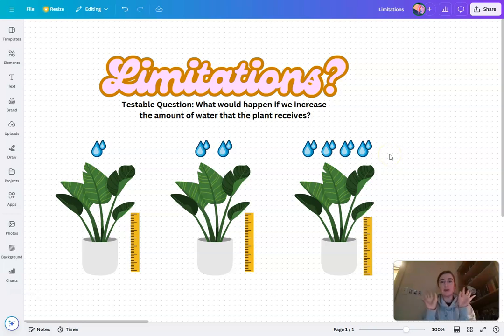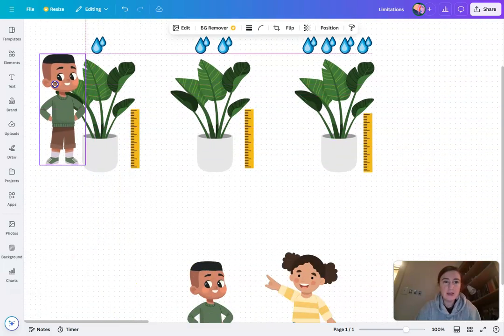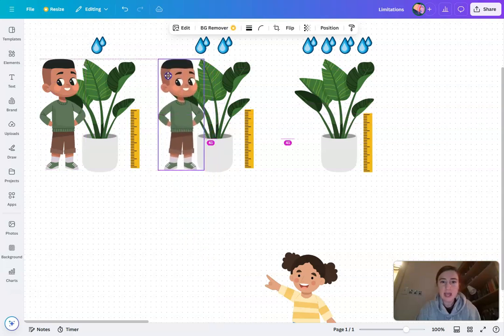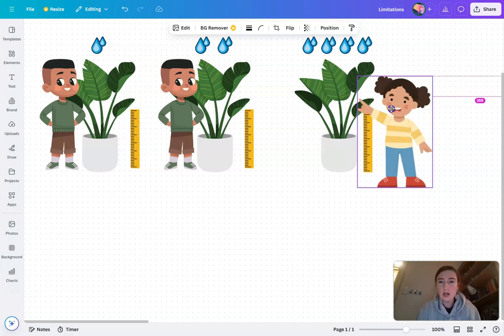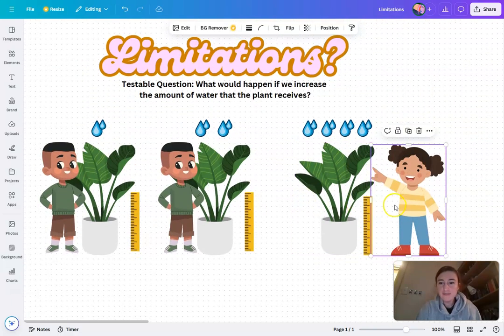And then we're going to sit back and take our data and see how tall the plant is growing. All right. Now I'm going to add in a limitation. What happens if, let's say, little Timmy is watering this plant. Little Timmy is also watering this plant, but little Tommy is watering this plant.